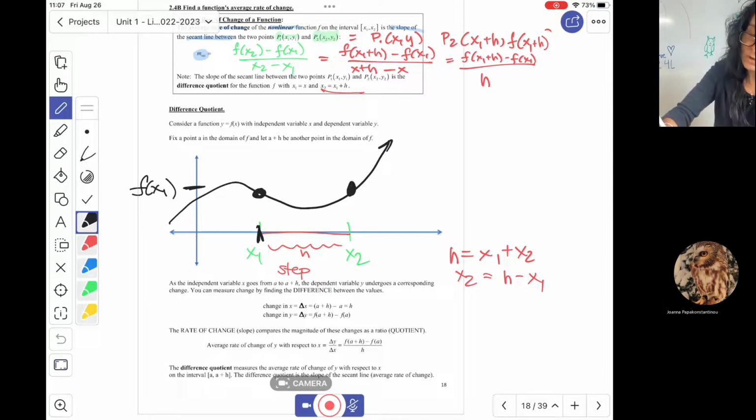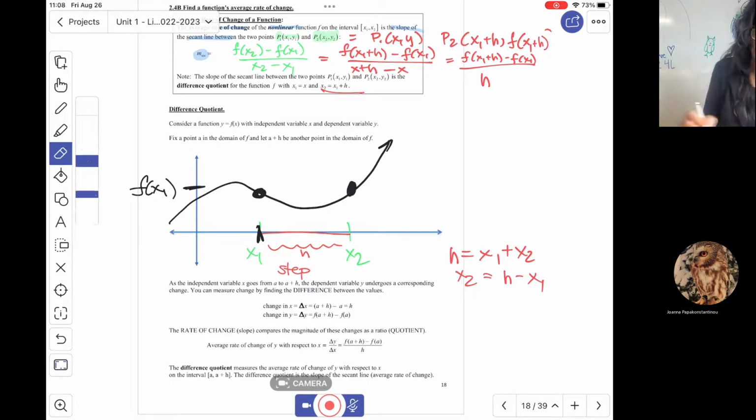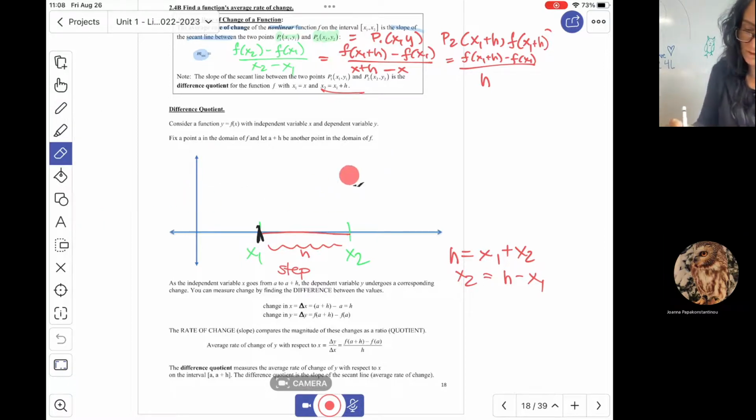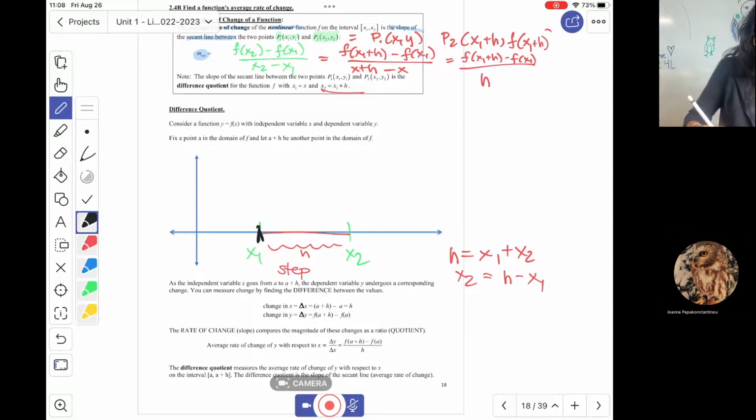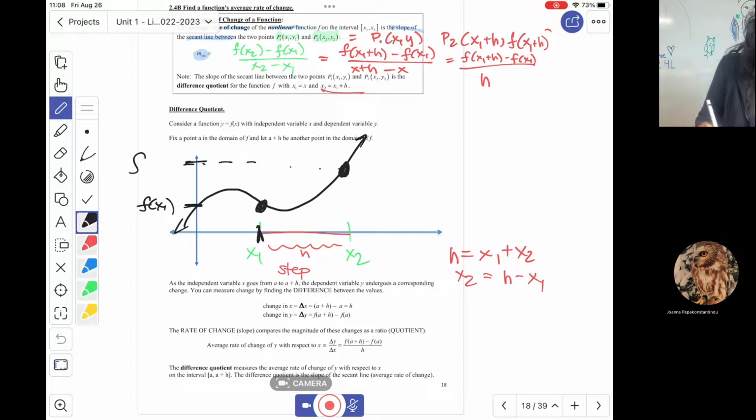If this is x2, then this, oh no, that's terrible. I don't like that graph. Sorry, I'm changing it just a little bit. I want to make sure that this is really clear. That's better. So do you see that this is f of x1? This is f of x2. Does that make sense?